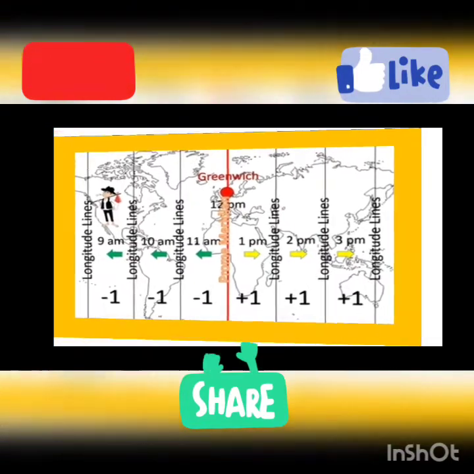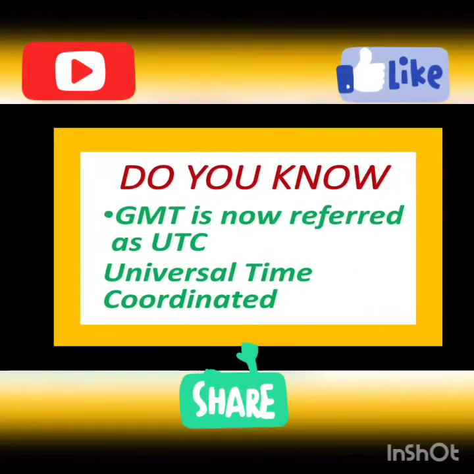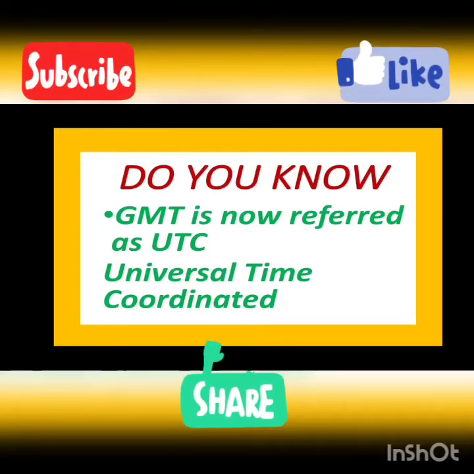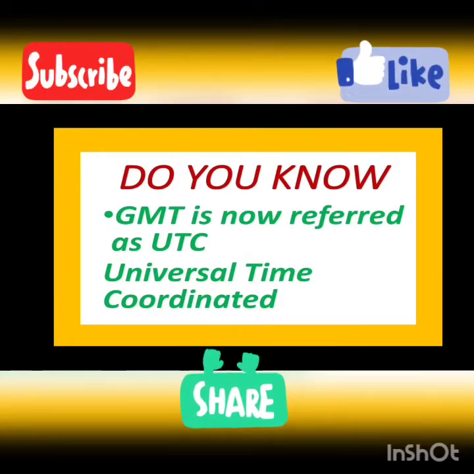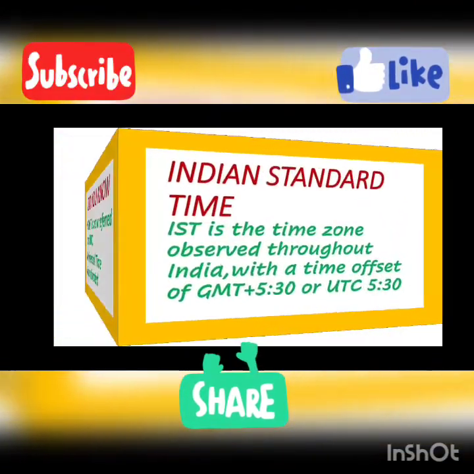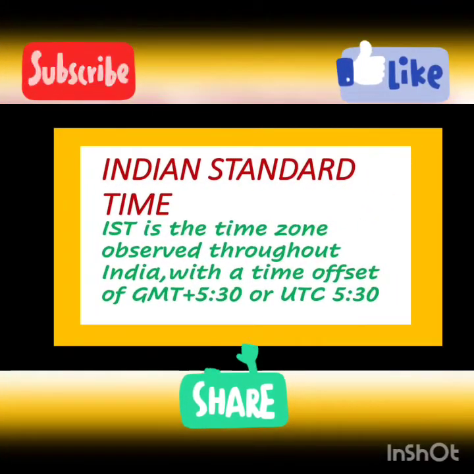Do you know, children, that this GMT, that is Greenwich Mean Time, is now referred to as UTC? So what do you mean by UTC? UTC is Coordinated Universal Time. And you should know that with reference to this GMT, we always calculate our Indian Standard Time.